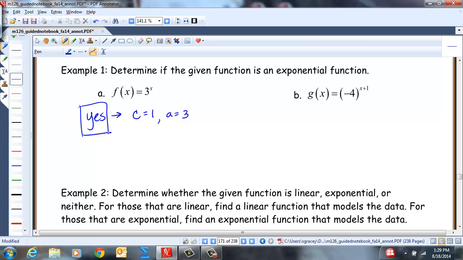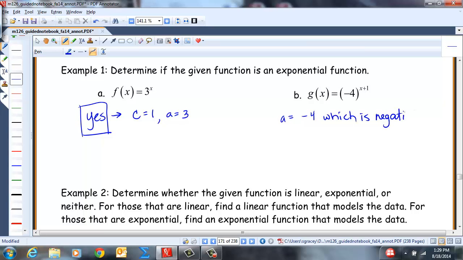No, it fails because a is -4, which is negative.